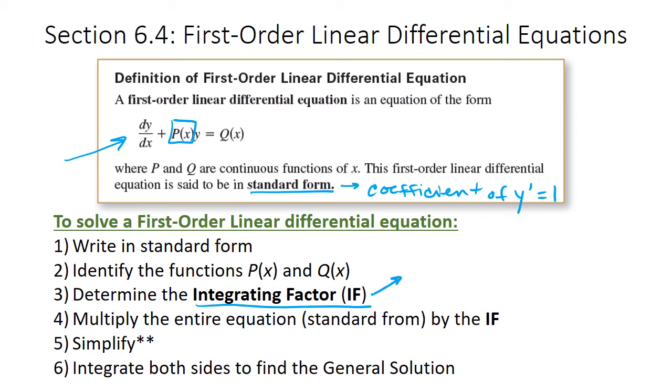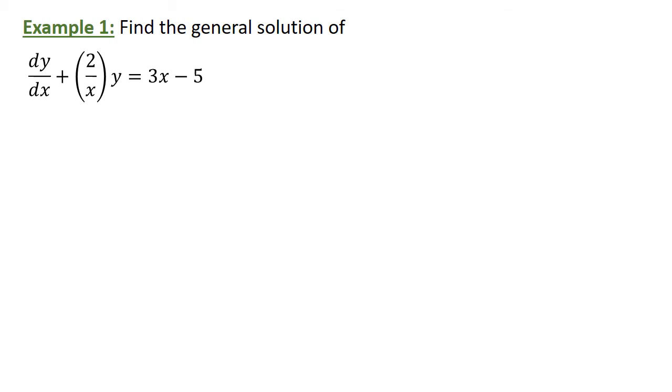IF is always e to the integral of p of x dx. So that's why we want to identify p of x, and then we can find the integrating factor. Once we have that, we'll multiply everything by the integrating factor and then simplify. I think it's probably best to just jump into some examples of this.